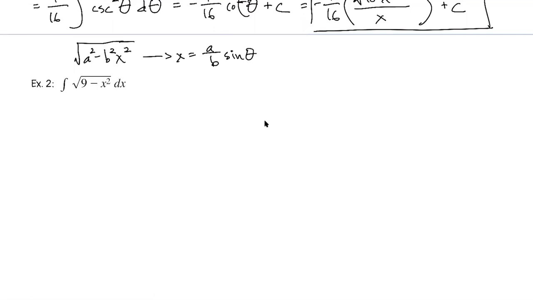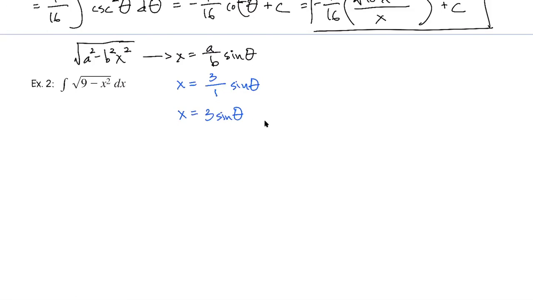So when I think about the substitutions here, my a value is not 9, but it's 3, and my b value's not nothing, it's 1. And then I have my sine theta. So everywhere we see an x, we can substitute 3 sine theta.